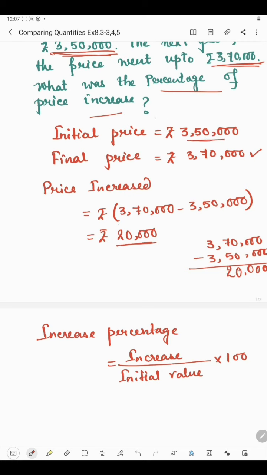The previous value was 3,50,000, and if it increases by 20,000, then only it will become 3,70,000. So it cannot be on the final price.